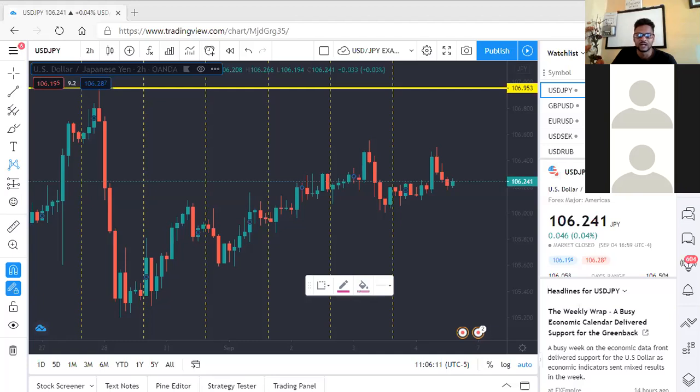Personally, when I'm trading, I have like 3 to 4 currency pairs that I like, and I trade those currency pairs. Some of the ones I trade more are US dollar versus Japanese yen, Great British Pound versus US dollar, and Canadian dollar versus US dollar.